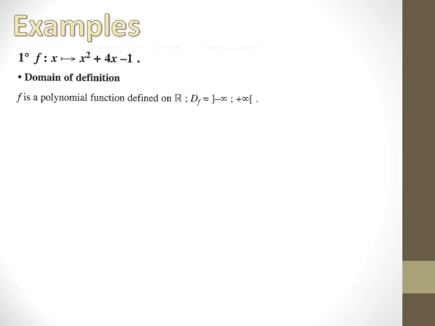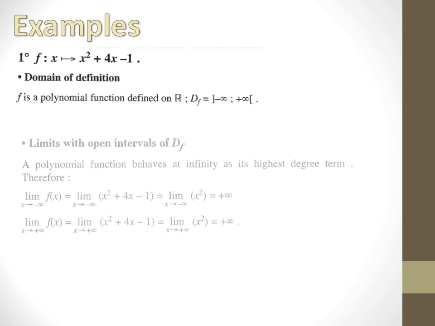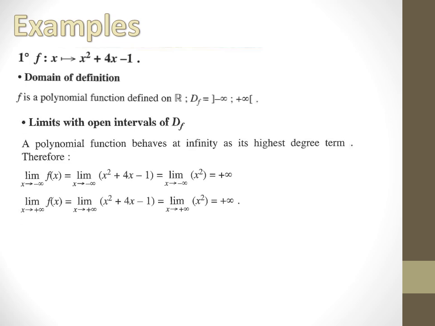Here we have the function x squared plus 4x minus 1. As I told you before, the domain of definition of any polynomial function is R, which is from minus infinity to plus infinity. After finding the domain of definition, I told you to find the parity of the function. So we are going to tell if it's even or odd. Let us start with the limit now at open intervals.